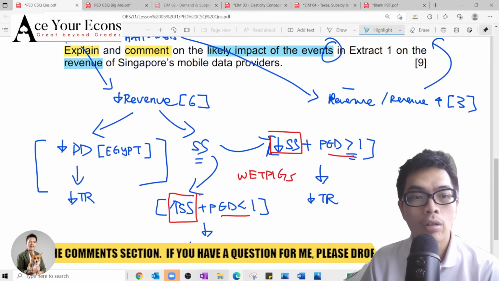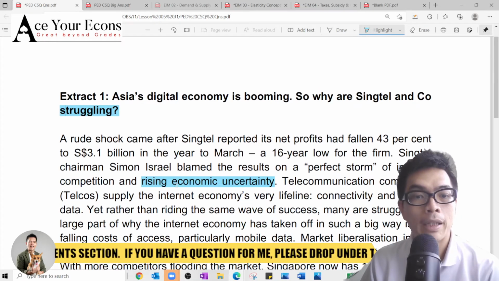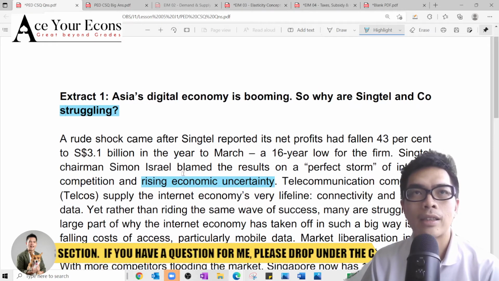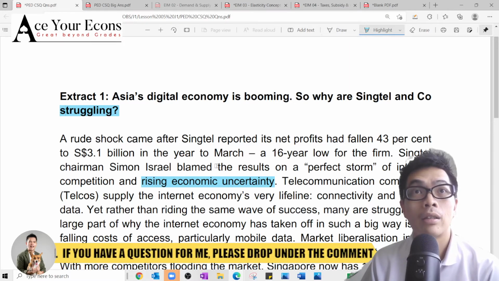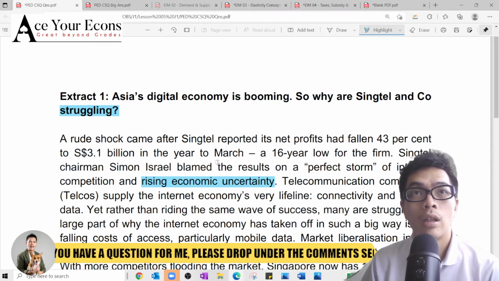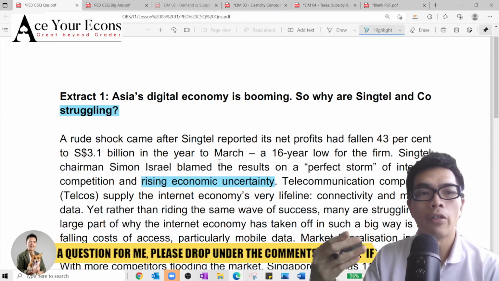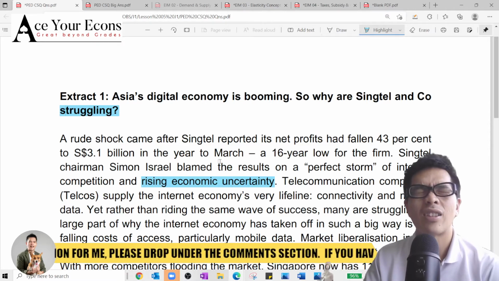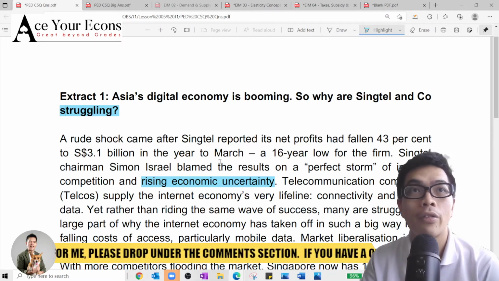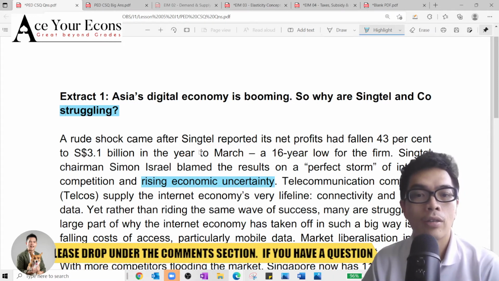If we want to find out income, then economic uncertainty tells us that our income will be affected. There may be retrenchment. And what happens when there is economic uncertainty? Demand for mobile data, mobile devices or mobile plans is going to fall, and this will lead to a fall in total revenue.